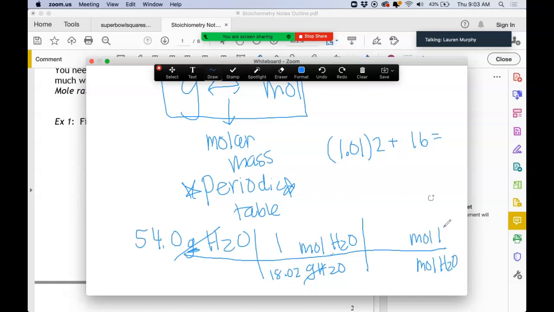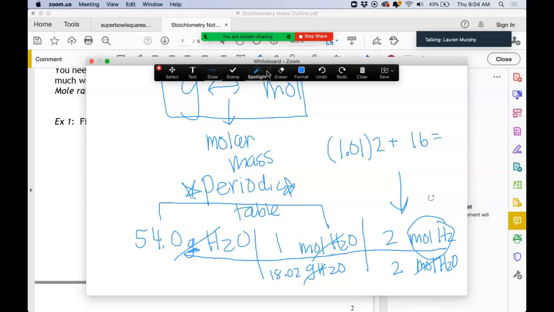The moles of hydrogen are the thing we're looking at right now, and it's a 2-to-2 ratio. We're left with moles of hydrogen. So this is stoichiometry. This right here is old stuff. Grams to moles is something we've already done. You just have to get into moles before you can do stoichiometry.